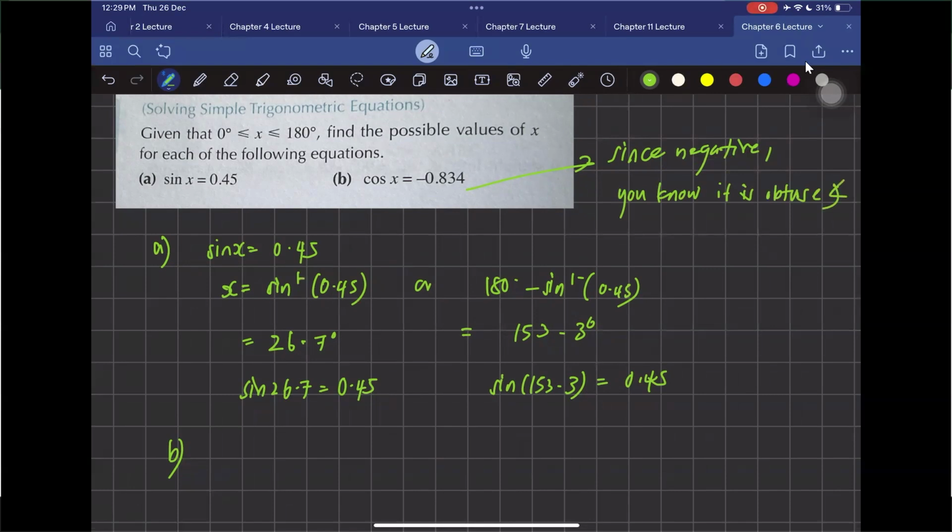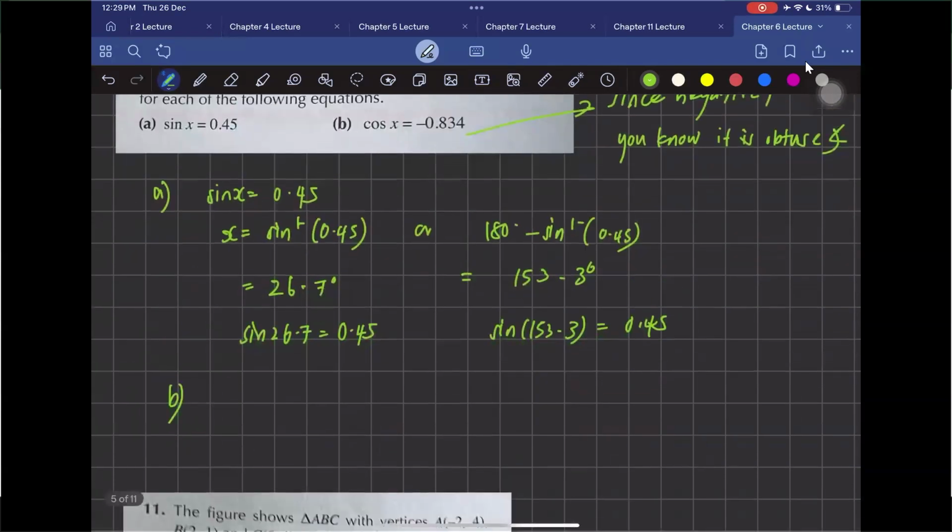Okay, so you can straight away write cosine x is equals to cos inverse negative 0.834. Then you should get 146.5 degrees.